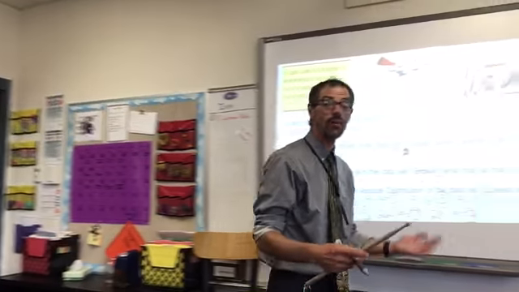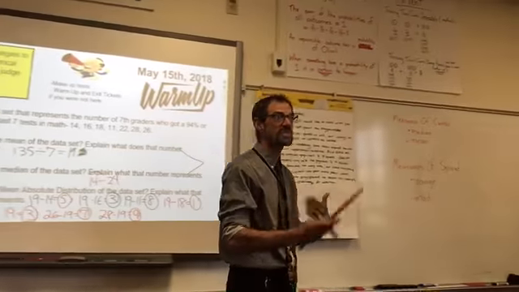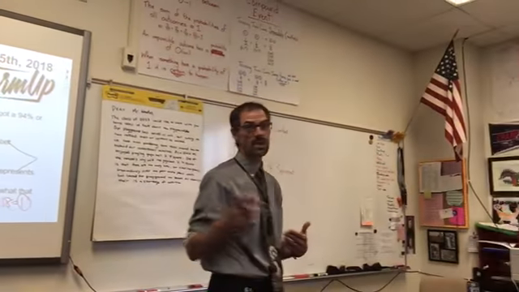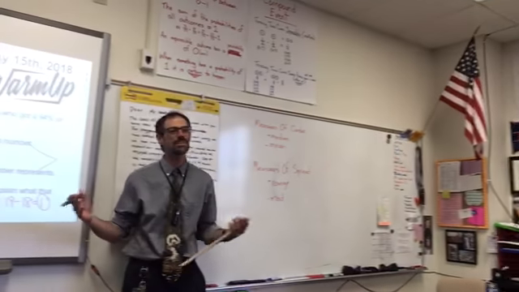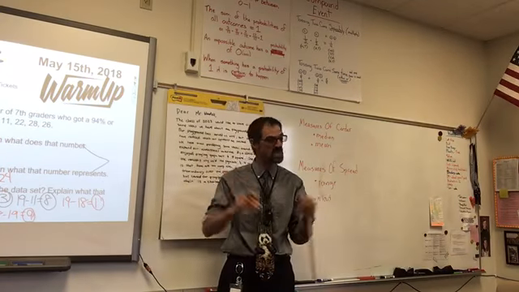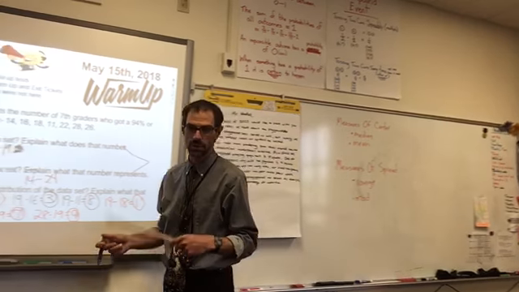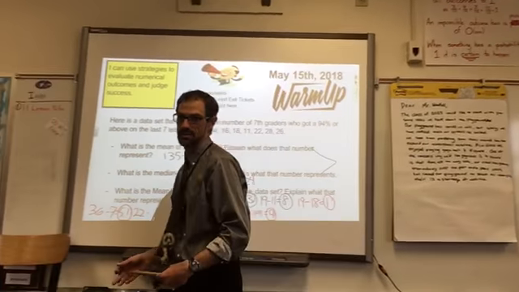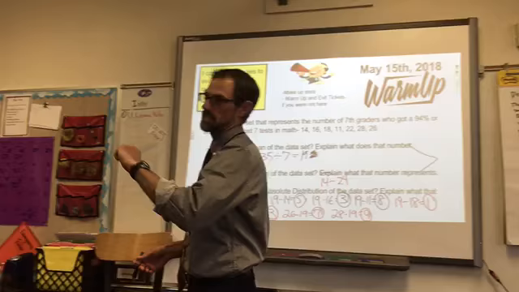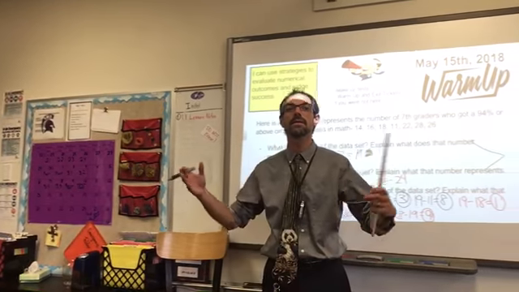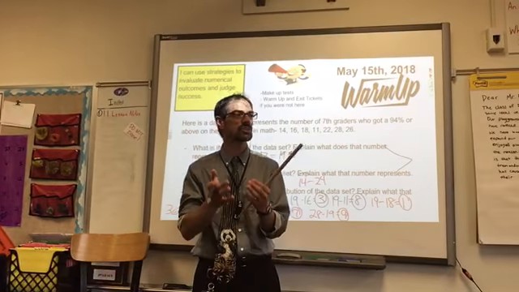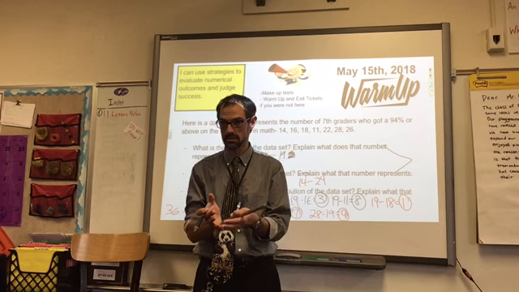In terms of deviation, for testing purposes, is it better to have a larger or smaller deviation? Smaller, because that means more consistent, and that the majority of the kids are doing well.